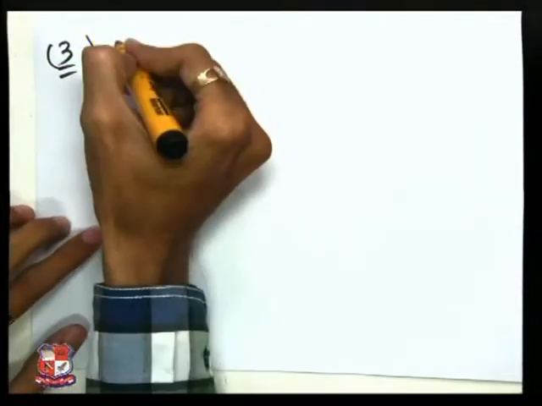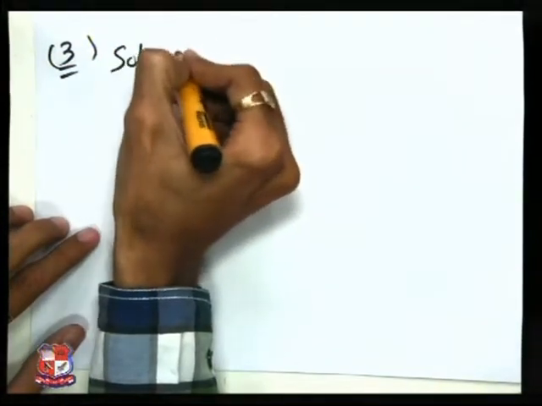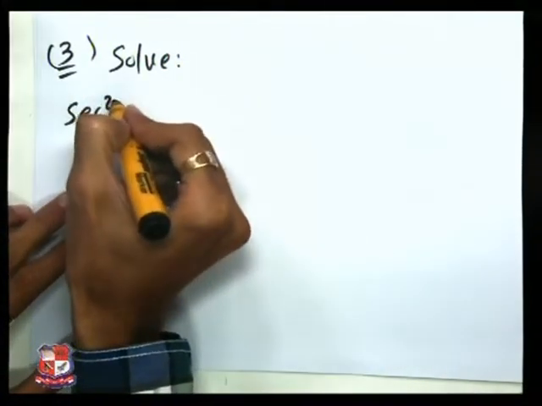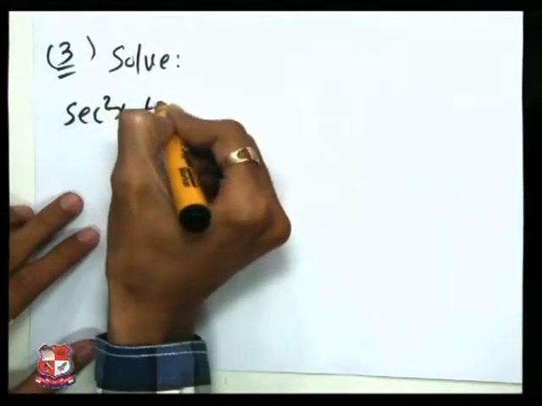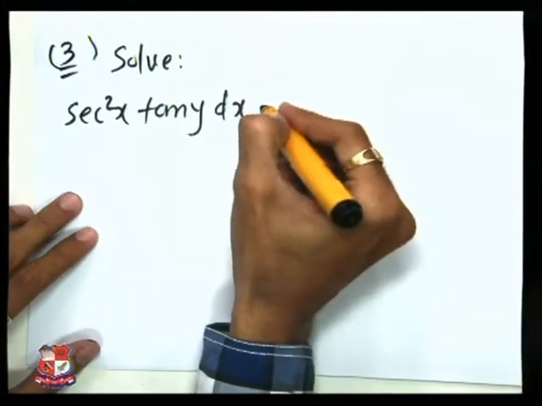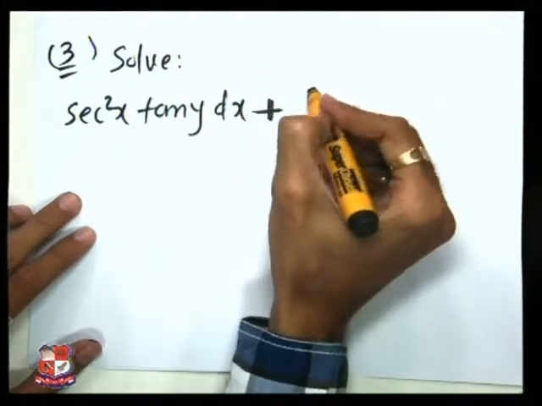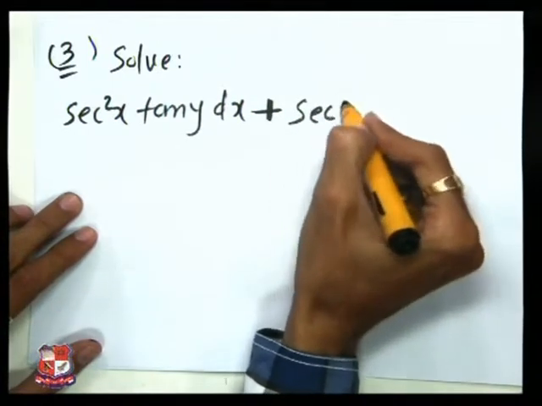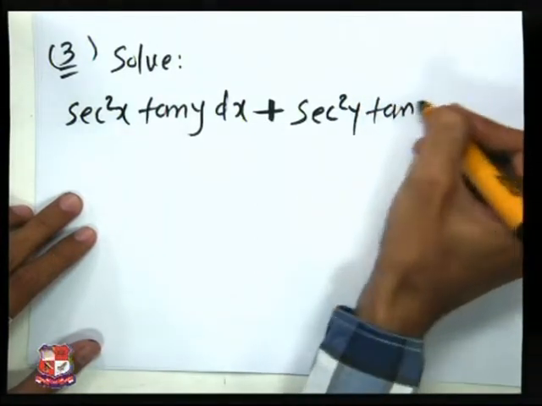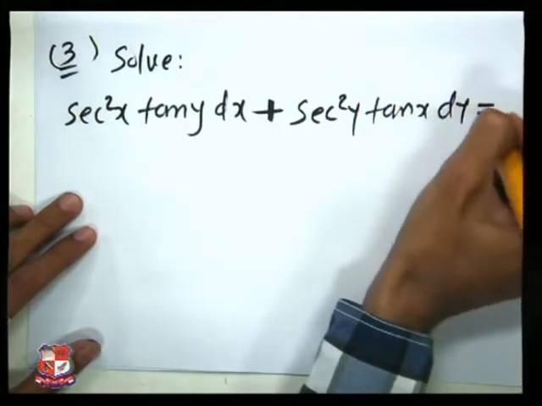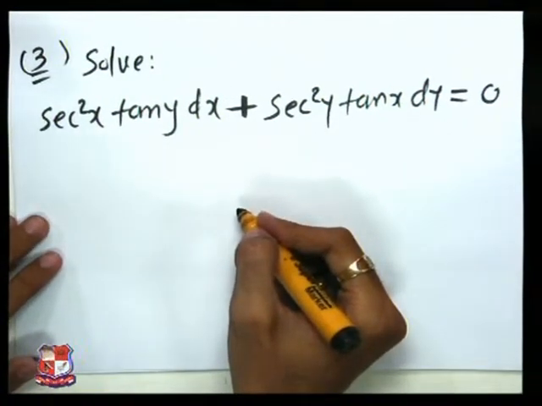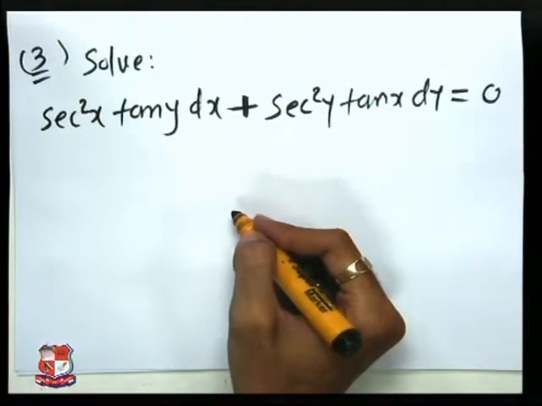The question is: solve sec square x into tan y dx plus sec square y into tan x dy is equal to 0, and we need to solve this differential equation, right?